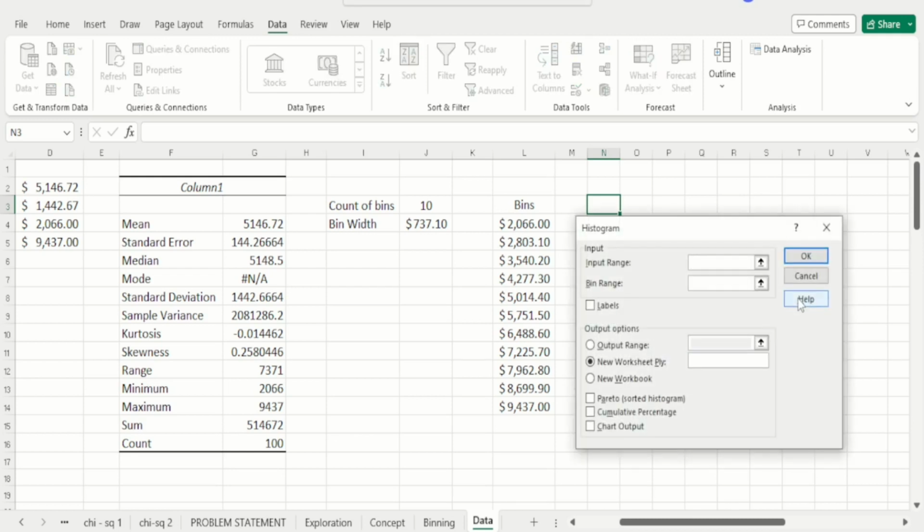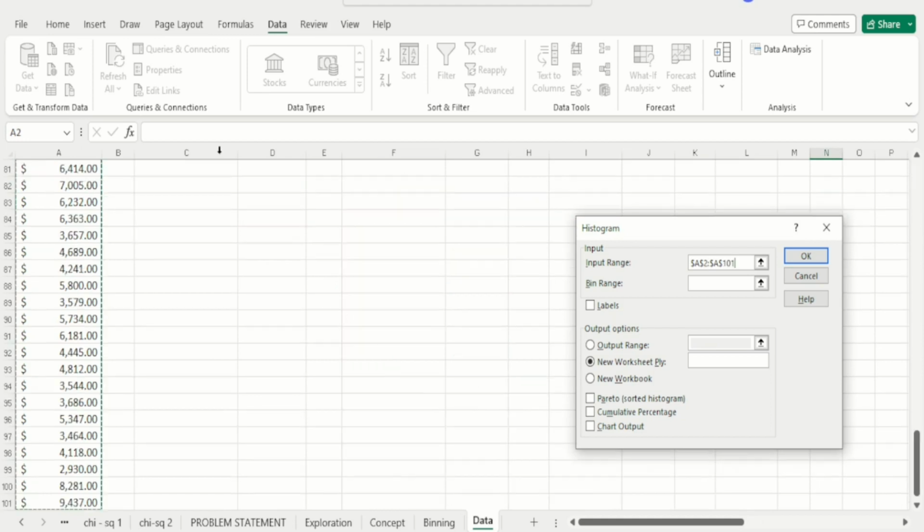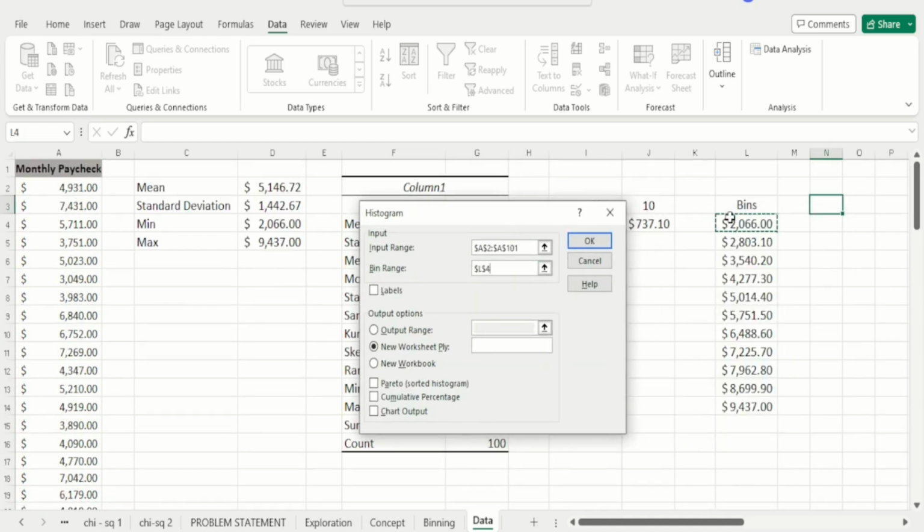Once you have clicked on the histogram option, the first thing you have to select is the input range. Our input range is the raw data set. What's our bin range? Remember, we just generated the bins, so this is going to be our bin range right there.